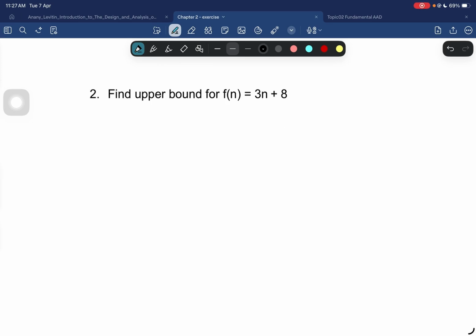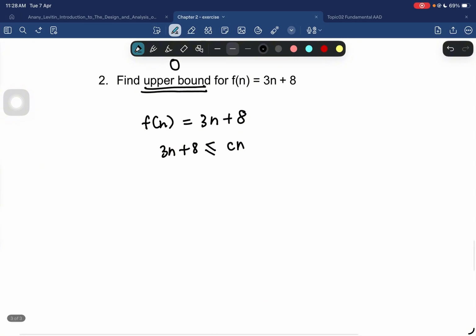Alright, for the next question, we need to find the upper bound. What is upper bound? Upper bound is big O. So our goal is to find the upper bound. How do we answer this kind of question? For f(n) = 3n plus 8, we need 3n plus 8 to be no faster than c·n. So how do we find c and n0?